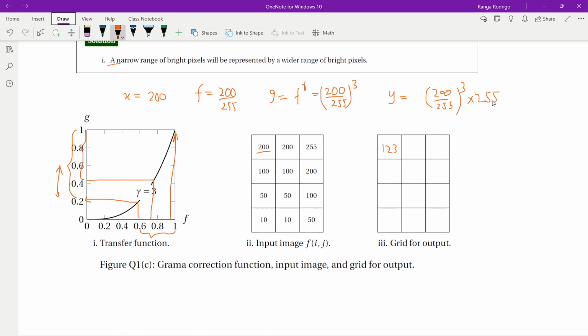If you do this calculation for 200 you get 123 again. For 255 you get 255 itself.